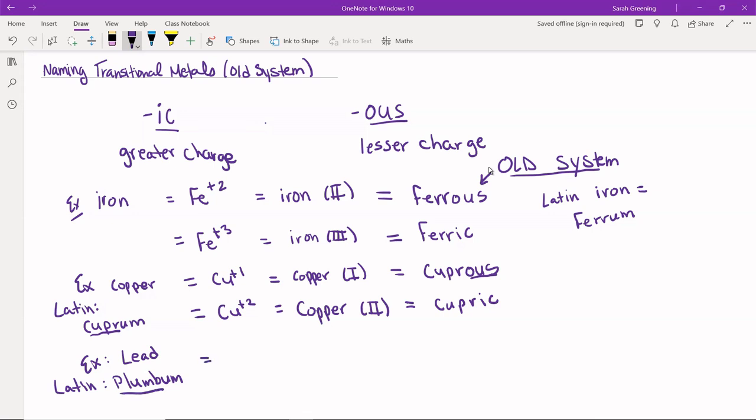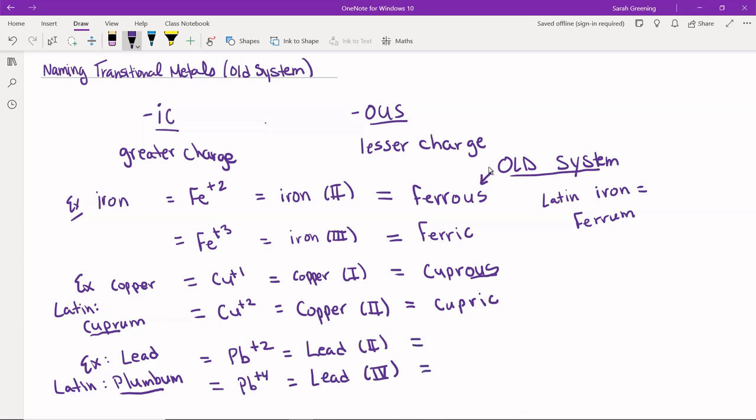So if we have lead +2, or if we have lead +4, with Roman numerals in the standard system, this would be lead(II), the Roman numeral 2 to indicate the +2, or lead(IV), Roman numeral 4 to indicate the +4 charge.